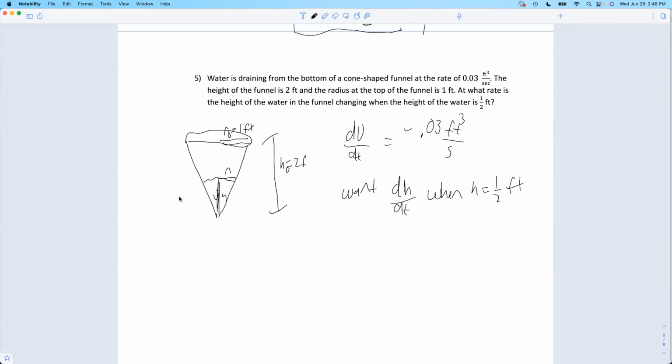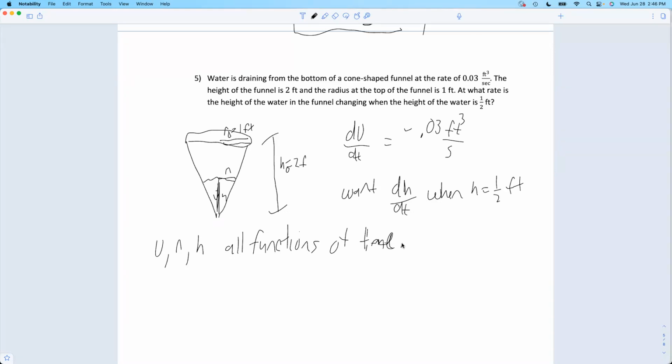So I need some equation that relates all of my variables. I've got V, R, and H, all functions of time. So that's your main goal.